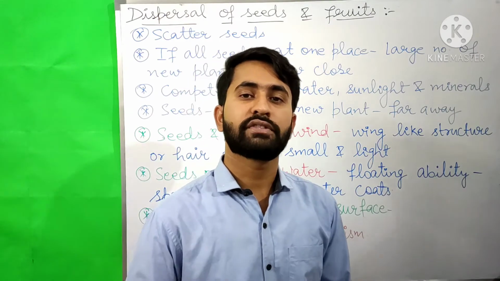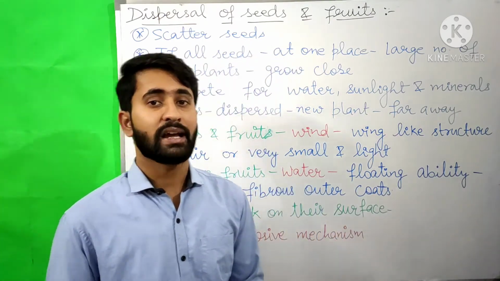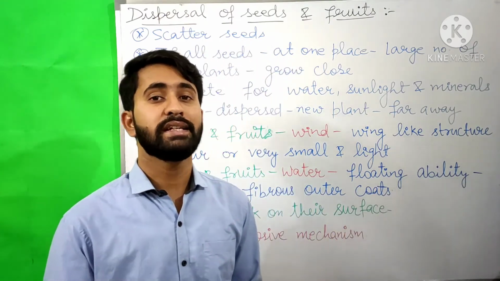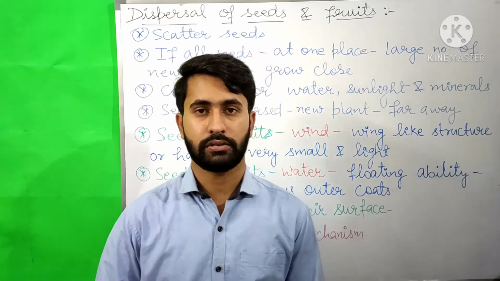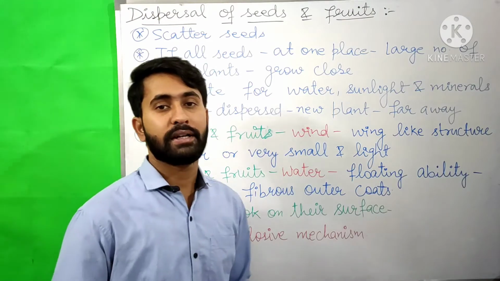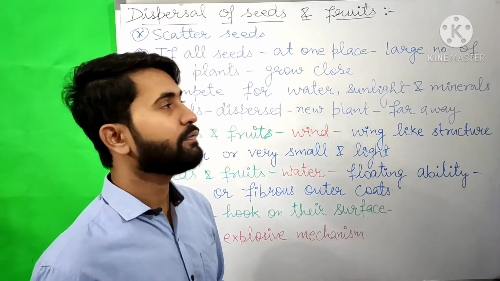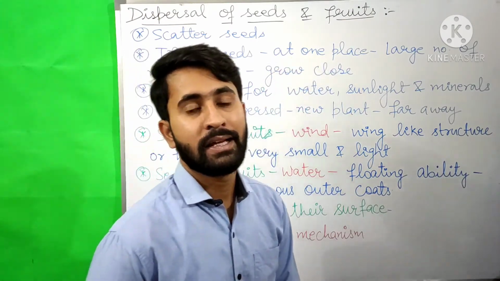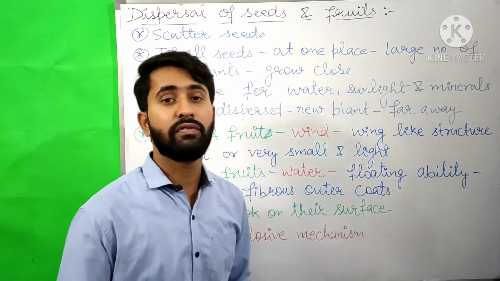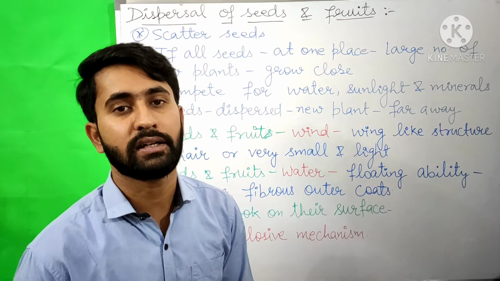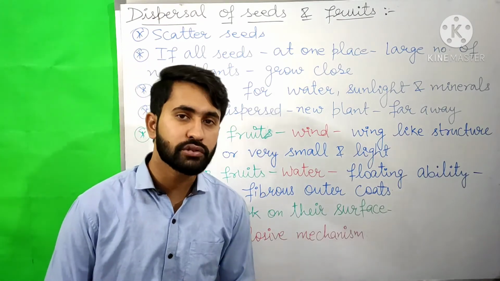The seeds of some plants disperse as such, but the seeds of other plants disperse in the form of fruits. If all the seeds produced by a plant fall at one place, then a large number of new plants will grow close together in a small area of soil.